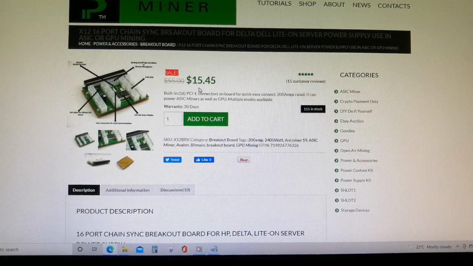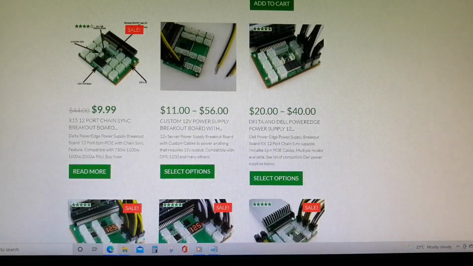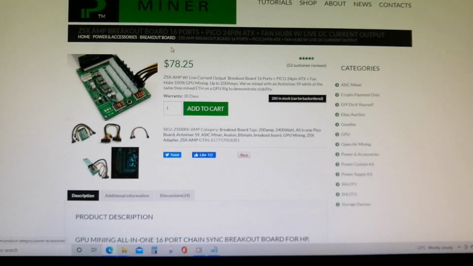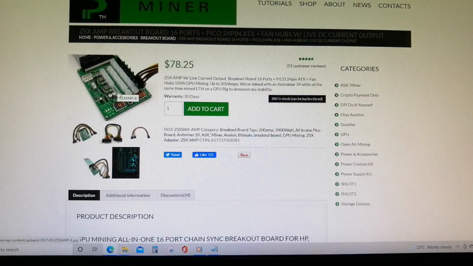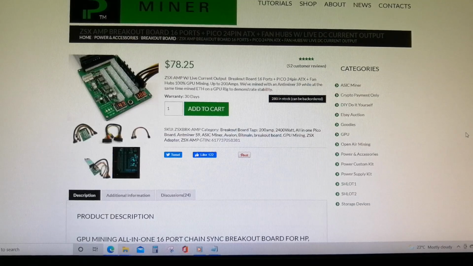There's also this one here, Parallel Miner. They have different prices. Okay, this is the one that I have right now. This cost me like $78.25 US dollars plus shipping to Canada, of course. And it comes with the cables.